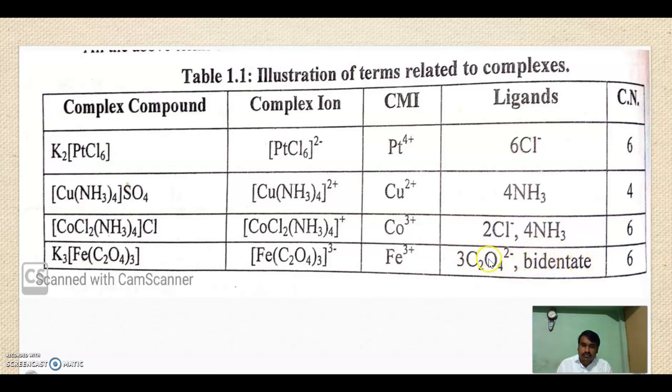Each ligand forms two coordinate bonds to the central metal ion, so it is called a bidentate ligand. The number of ligands is 3. Each ligand forms 2 bonds, that is 3 into 2, so the coordination number is equal to 6.